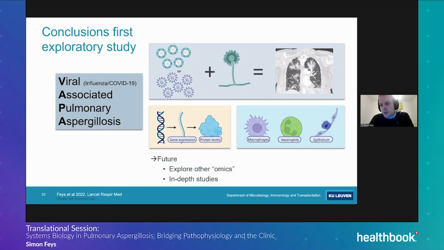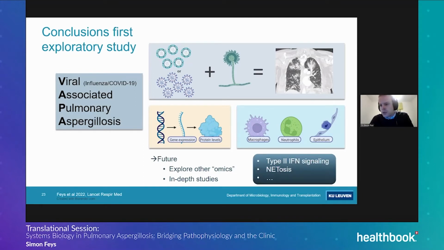So in the future, we definitely want to explore, and we already started with that, other omics in these patients. And we have now provided some nice hypotheses, or some nice targets, for future in-depth studies, such as type 2 interferon signaling, as I've mentioned.